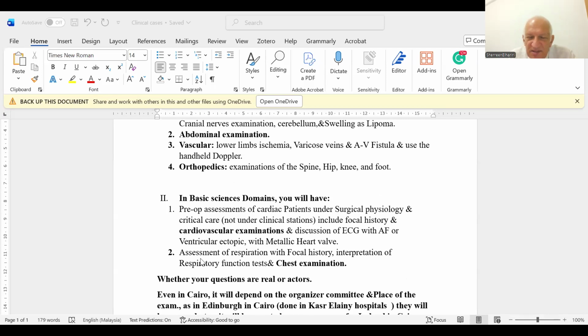You need to examine the chest of the patient. You need to look for the investigations. So it is like a pre-clinic admission or how to examine the patient, but not a clinical examination station alone. So we don't have a clinical examination station alone for chest or cardiovascular. So this is very, very important.